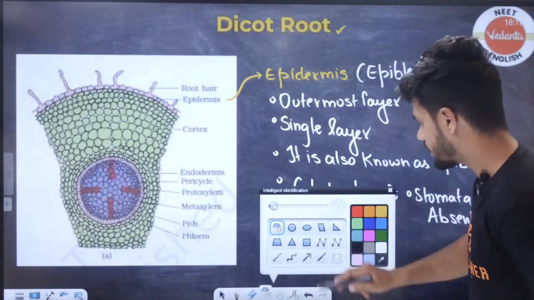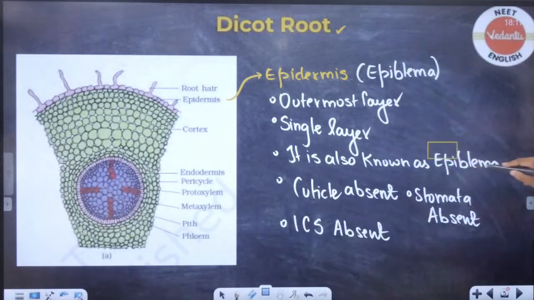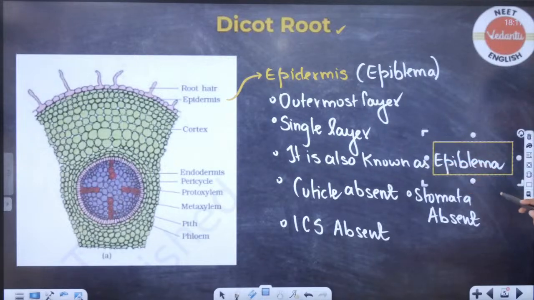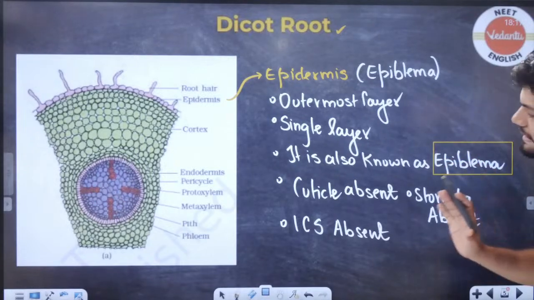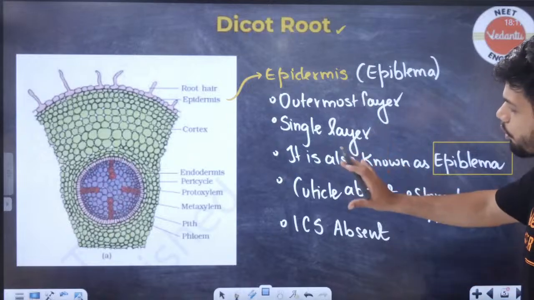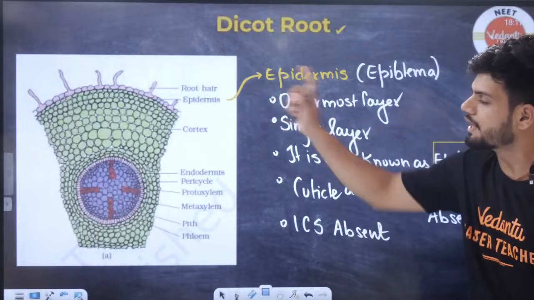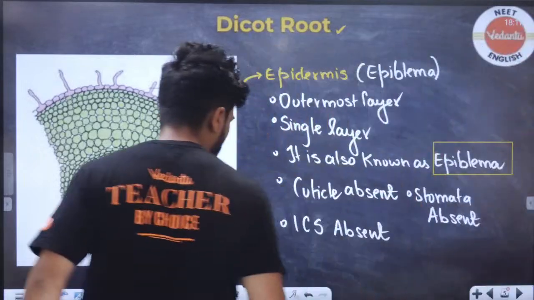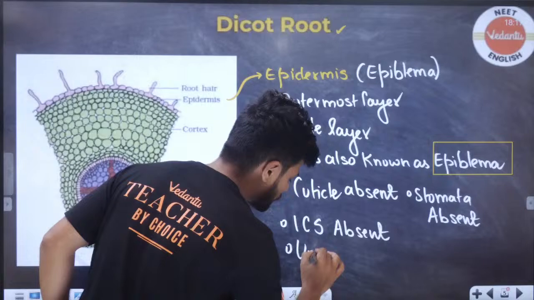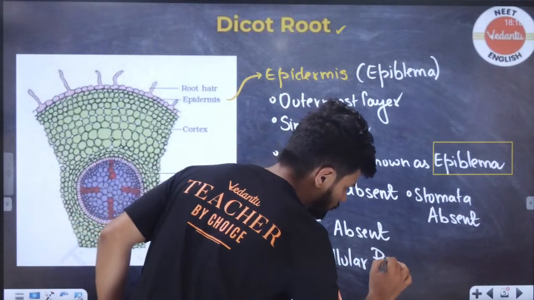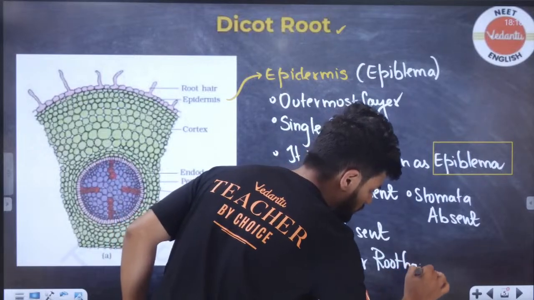Cuticle is absent. Stomata is absent. Intercellular space is absent. But the one point missing here is the unicellular root hair. It has something called unicellular root hair.